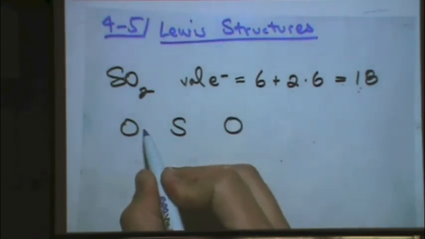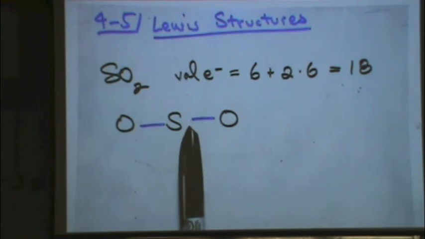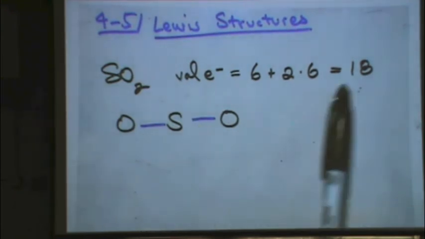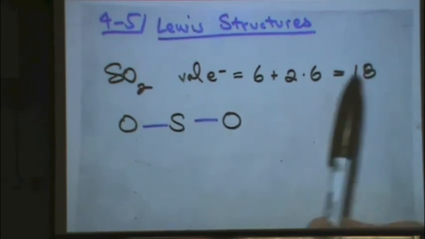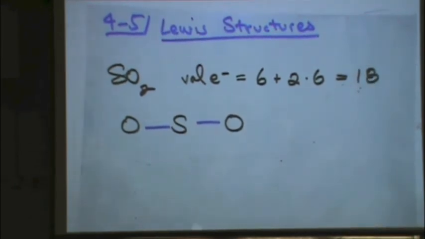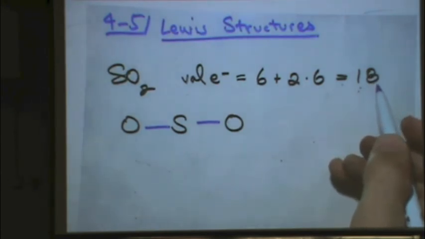Next I make single bonds between all the atoms, and this is my skeleton. Each bond is 2 electrons, so this is 2, 4 of a total of 18 that I need in the end. Now I need to put in the other 14 electrons.